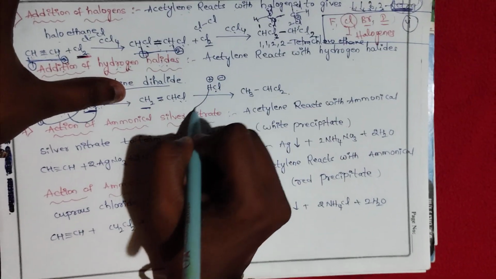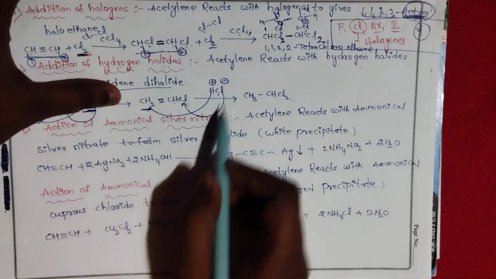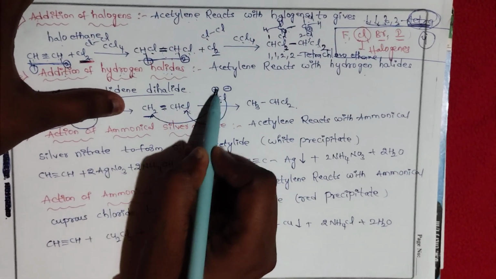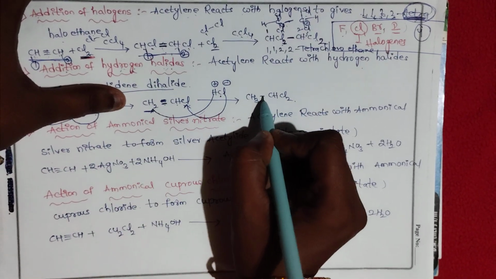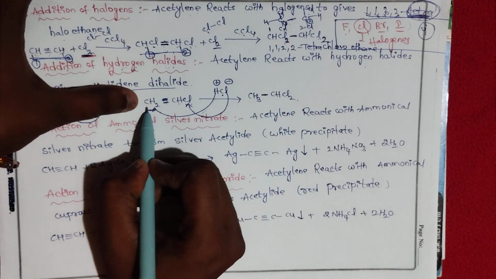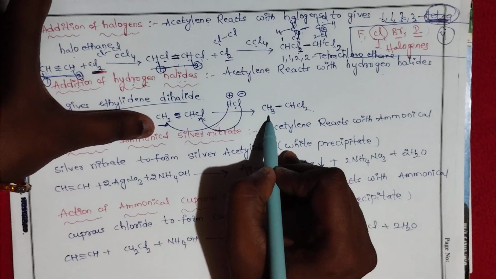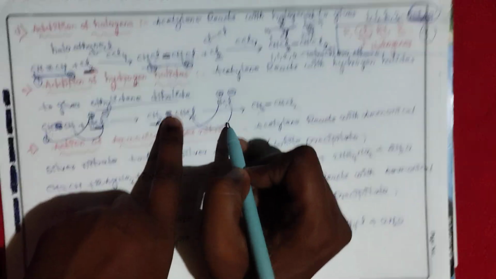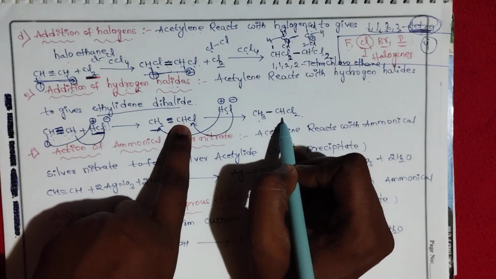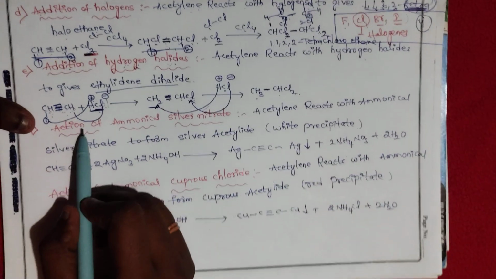H is added to this side and Cl to this side. By adding the groups, the bond decreases, so the double bond is converted into a single bond. CH2 becomes CH3 by the addition of another hydrogen, and CHCl gets another chlorine. So the product we get is CH3CHCl2.